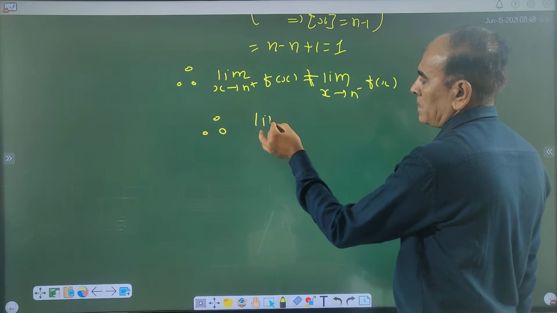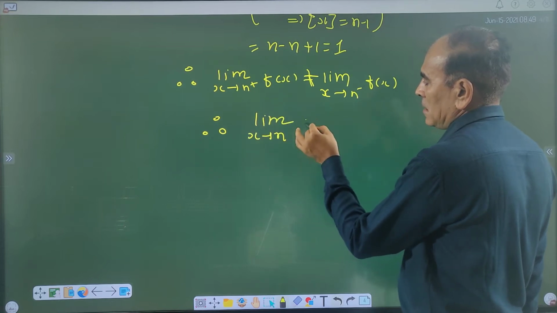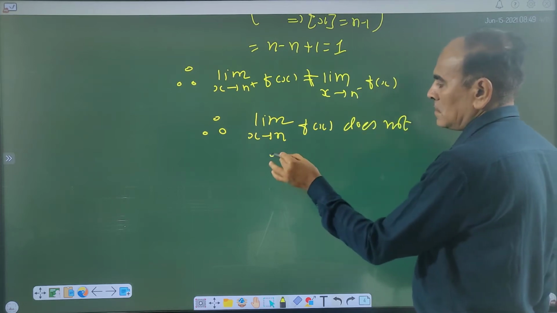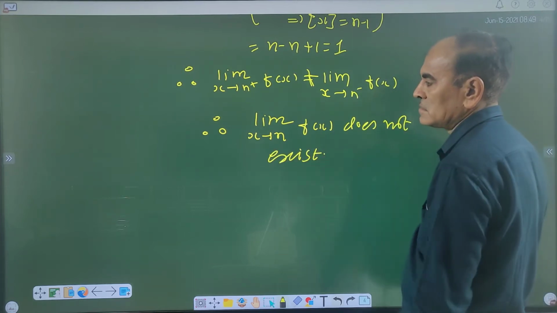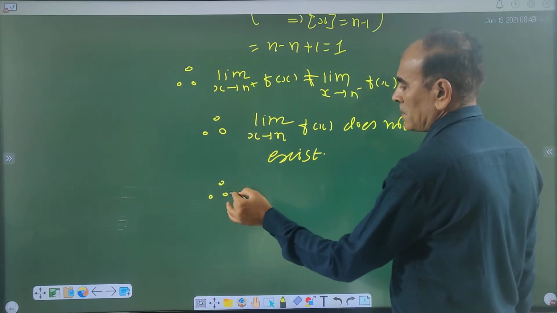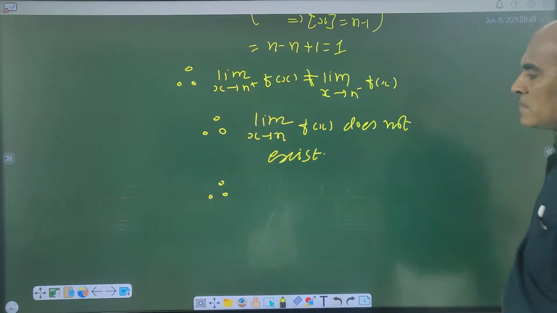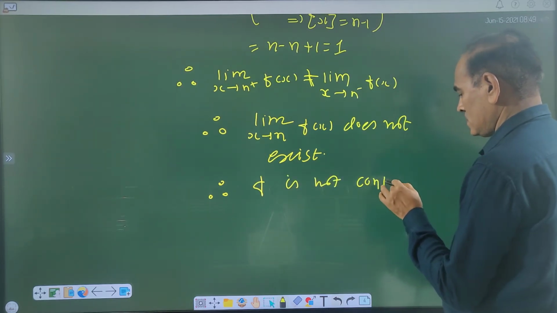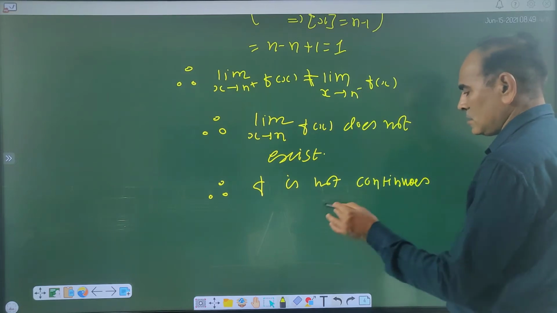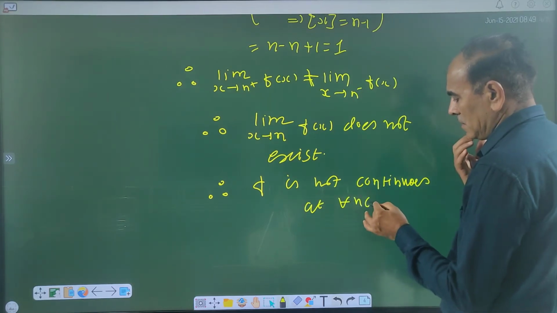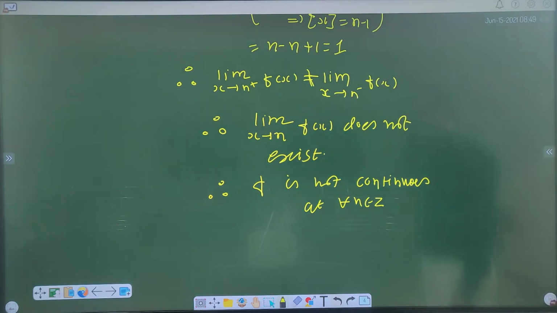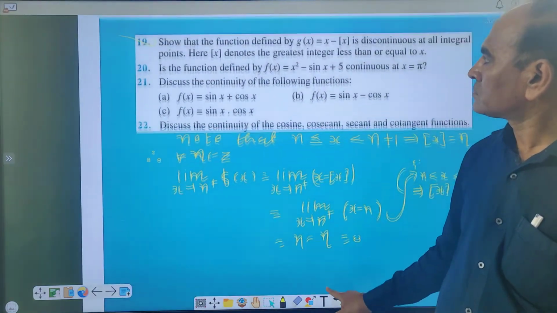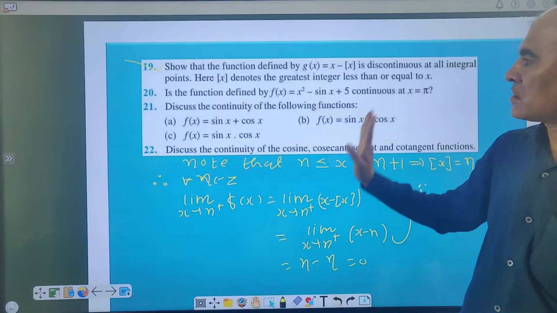Therefore limit x tends to n of f(x) does not exist, and so f is not continuous at every integer n. That is what we wanted to see here, so this one is not continuous.